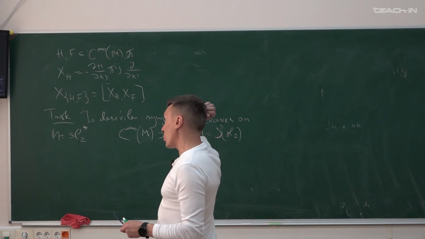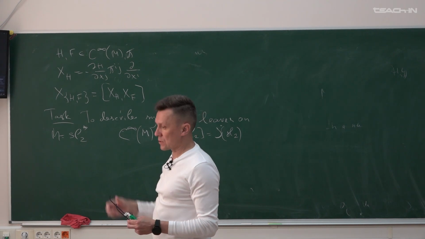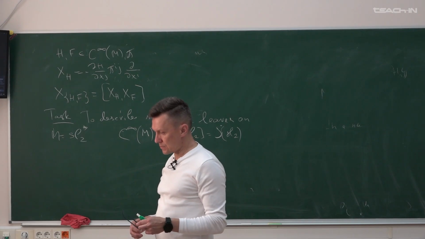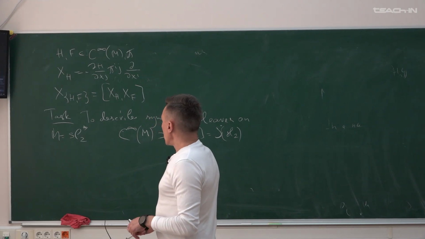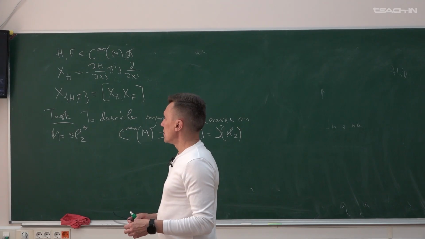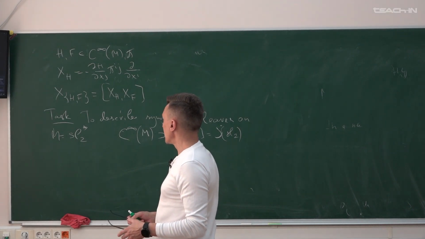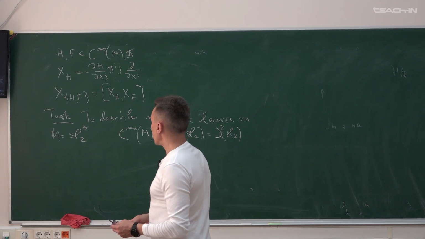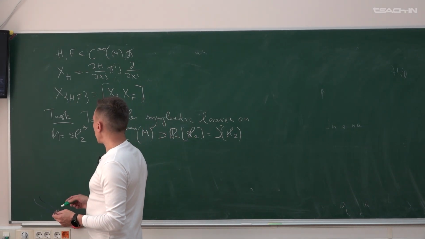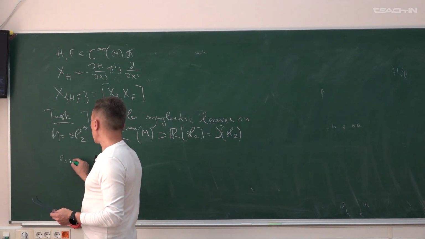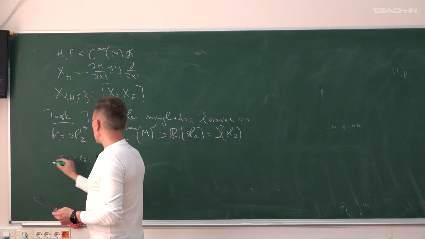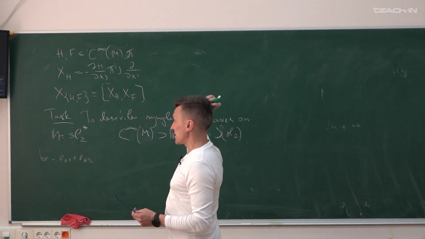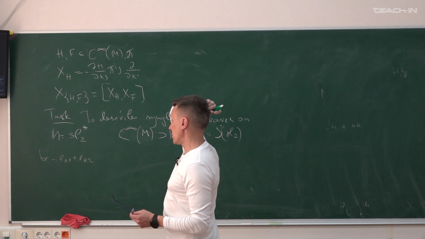Very good. What are the Casimir functions on this Poisson manifold? I think it's the trace, setting E11 plus E22. Okay, the trace, but on SL2 it is 0. You remember?